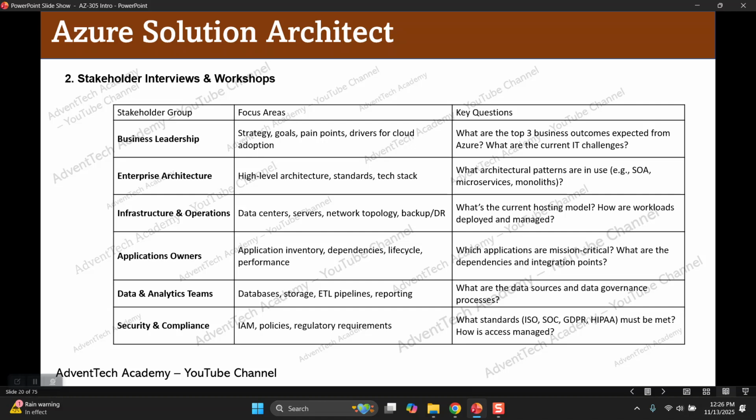We have to identify and collect the information regarding databases, storage, ETL pipelines, reporting. Here the key question is what are the data sources and data governance process followed in the organization.